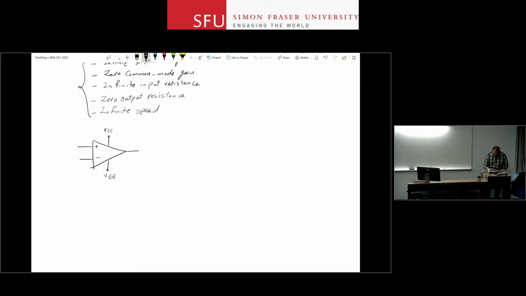And there is an output signal that comes from V1 and V2, the difference between V1 and V2. So I know that V out is your open loop gain times V1 minus V2. Okay, the difference between those two signals. So that's what we have for an op-amp.